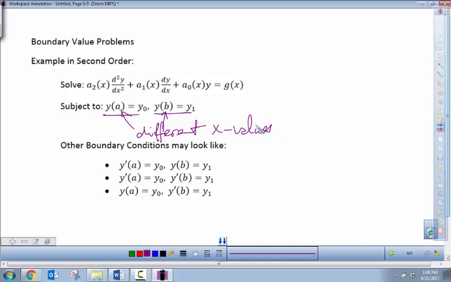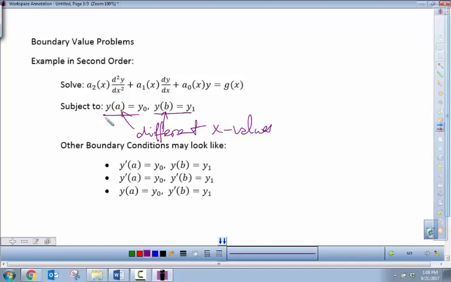The initial value problem has the same x value and has the function and its derivatives. The boundary value problem has different x values.